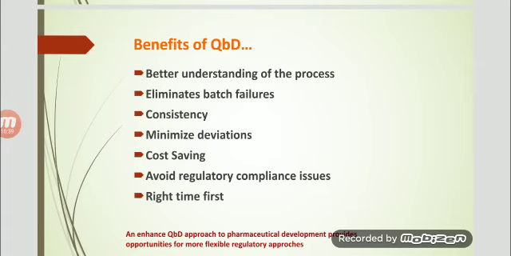It will avoid regulatory compliance issues, and the company is going to be right the first time, meaning right first time. So companies following QbD will have all these advantages. An enhanced QbD approach to pharmaceutical development provides opportunities for more flexible regulatory approaches.